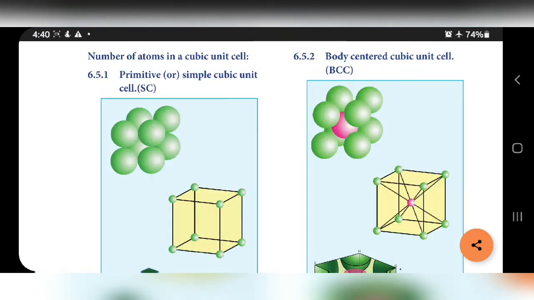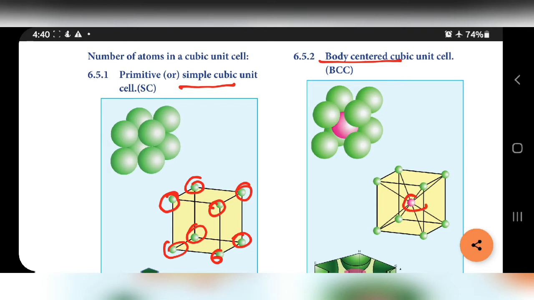I just explained what is simple cubic, what is body center cubic, what is face center cubic. Simple cubic means atoms present at the corners only. Body center cubic means atoms present at the corners and also at the body center.